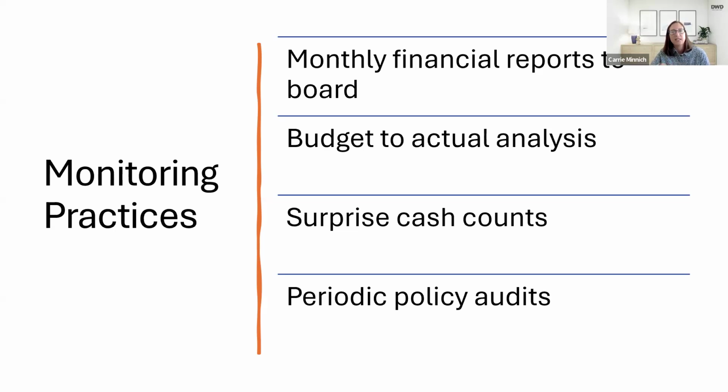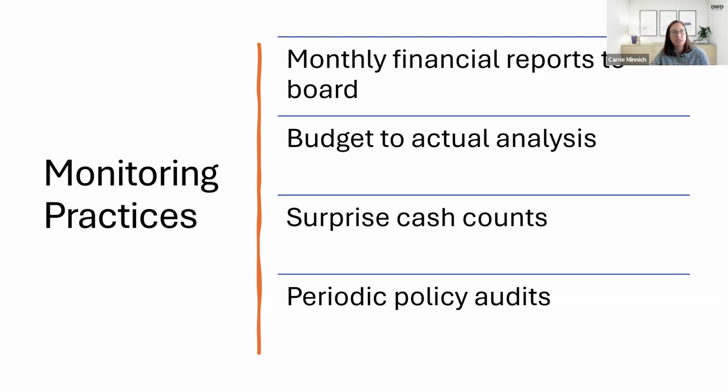That way they can see what the expectations are versus what the actuals are. And if there's a variance, looking into why there is a variance. Is it because we just didn't spend this much this month? Or is it because someone stole money, or someone took the credit card and put a whole bunch of expenses on it that shouldn't have been there? What is the reason for those variances?